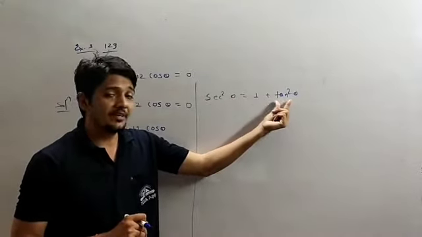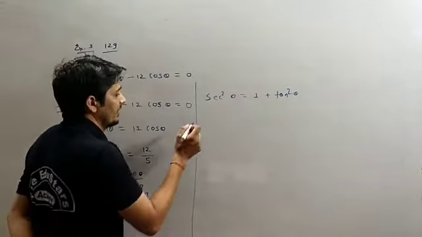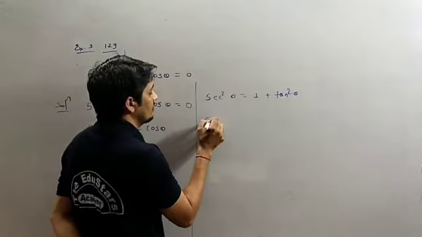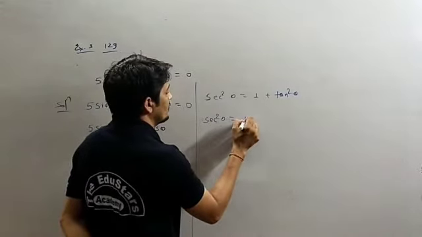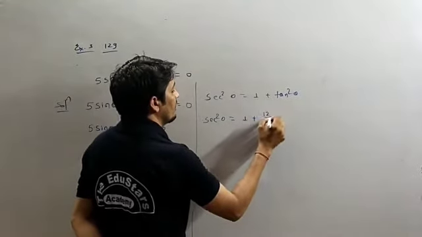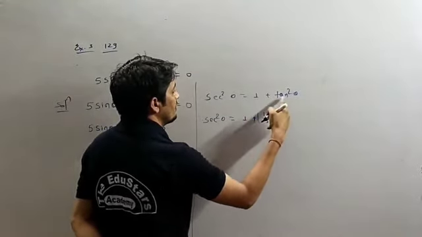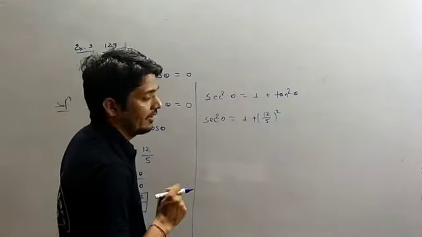The value of tan theta is 12 divided by 5, so by putting it in, we can calculate sec square theta. Sec square theta equals 1 plus (12 divided by 5) whole square.